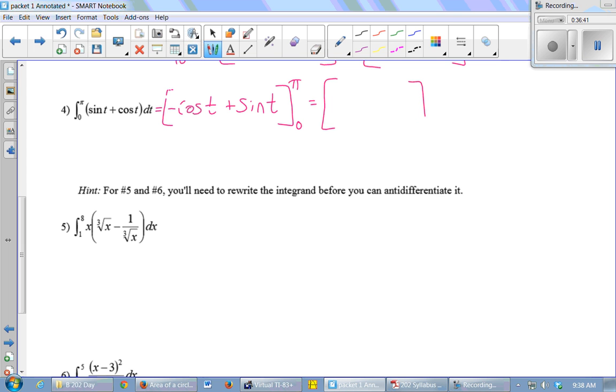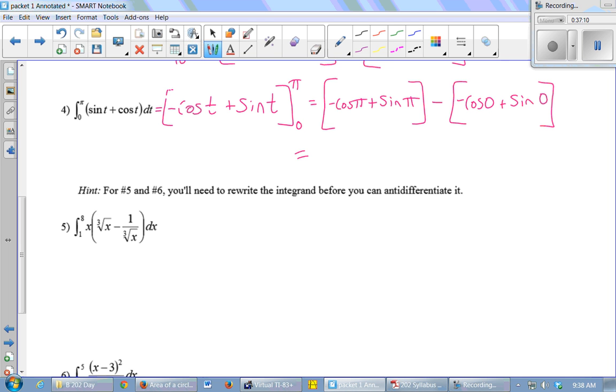So I got to plug in a pi, and I got to plug in a 0, and subtract. So when I plug in pi, I have negative cosine pi plus sine pi, and then plug in 0, I get negative cosine 0 plus sine 0. The cosine of pi is negative 1.